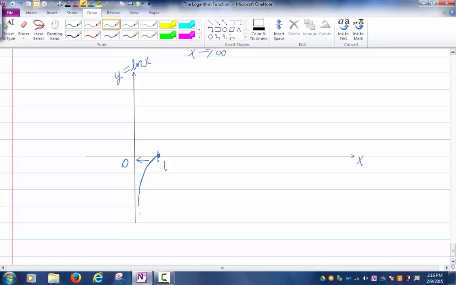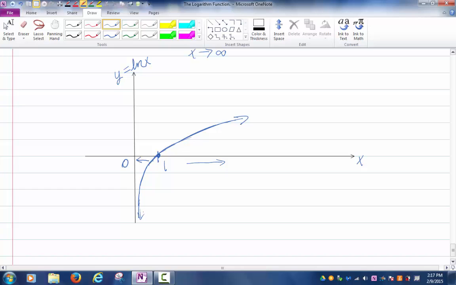And what is happening after 1? As x goes to infinity, the log function also goes to infinity, right? So it goes to infinity like this. Okay, so that's how it's increasing, concave down, everything is correct.